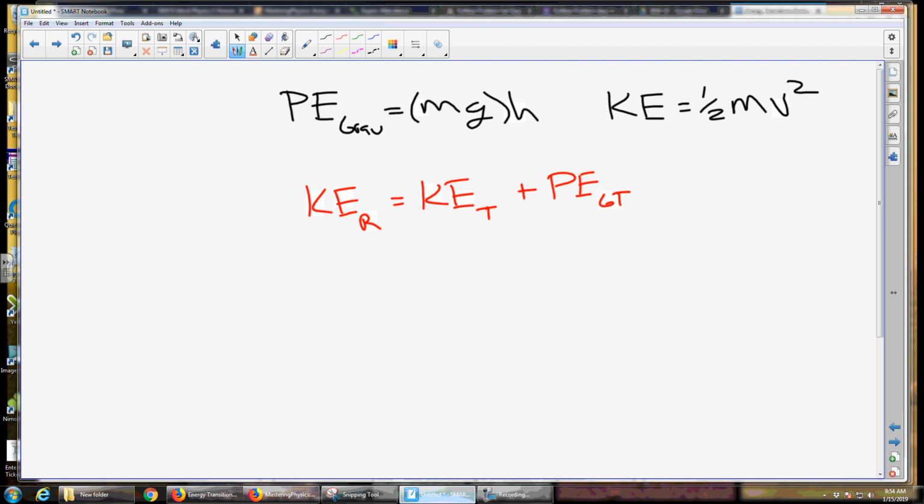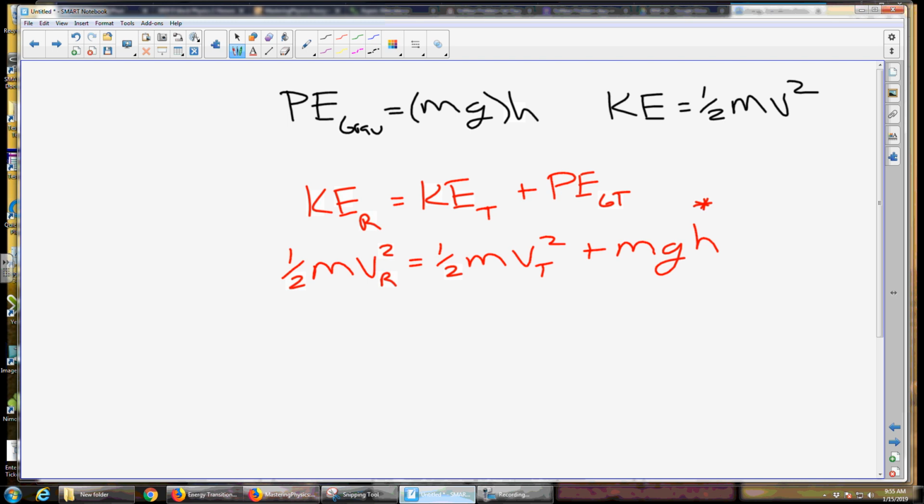And now I'm substituting in 1/2 m times the speed at release, 1/2 m times the speed at the top, and mgh, and I'm looking for h, right? So I know everything.